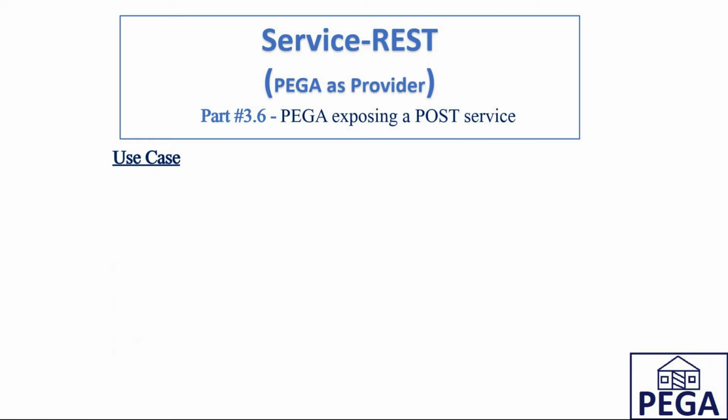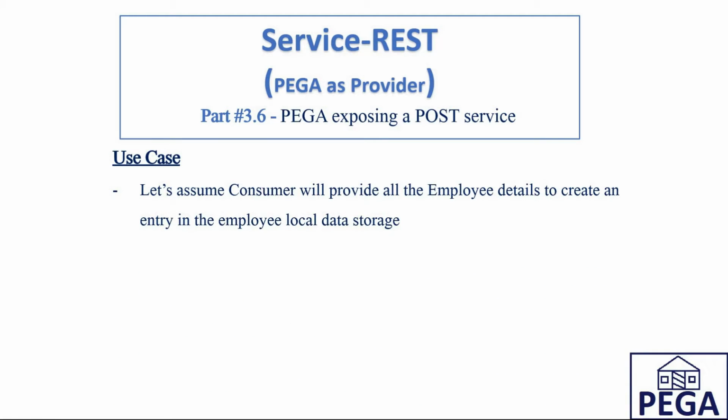Now the use case I'm going to talk about is, let's assume the consumer will provide all the employee details to create an entry in the employee local data storage. In my previous part 3.5, where PEGA exposes a GET service, the use case we discussed is that the consumer calls PEGA by passing the right employee ID, and PEGA takes this employee ID and fetches the details from the local data storage.